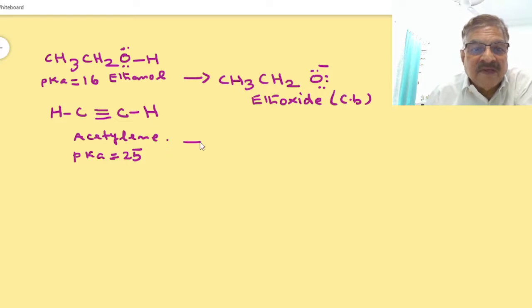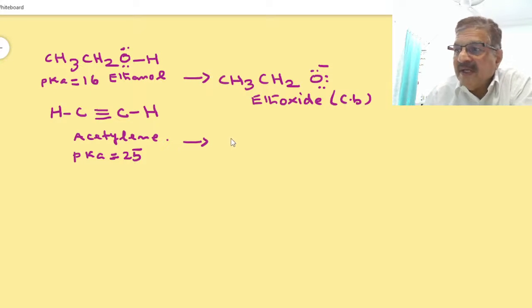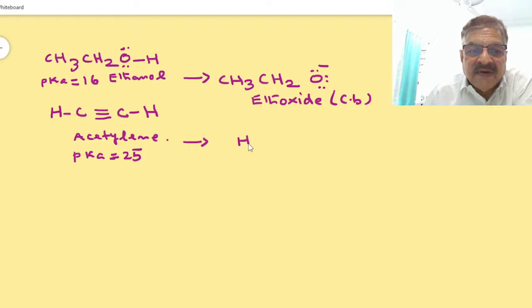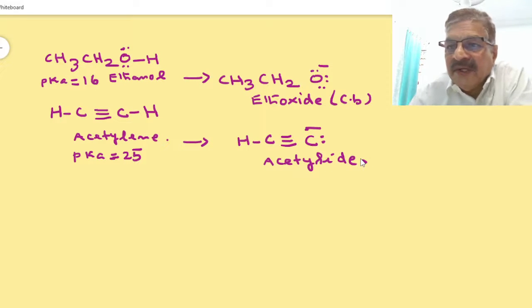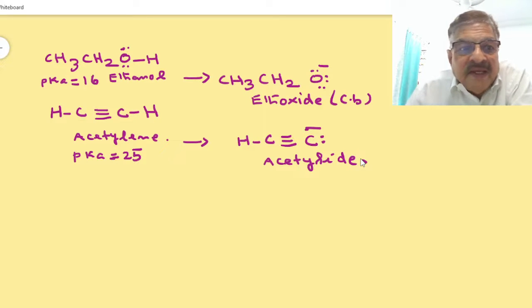In the case of acetylene, the conjugate base is the acetylide anion. Ethanol's conjugate base is ethoxide, and acetylene's conjugate base is acetylide.